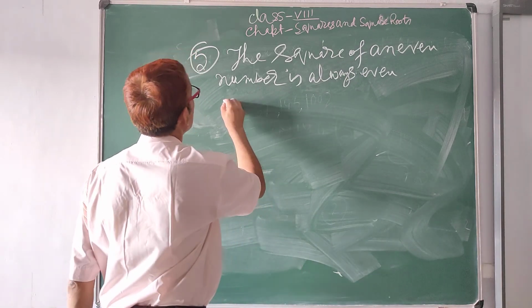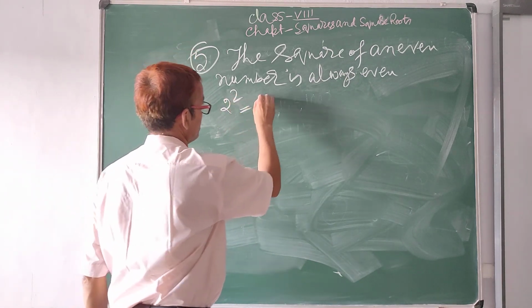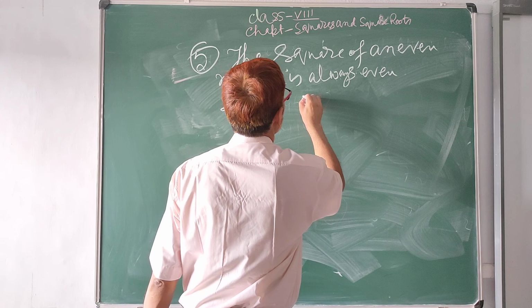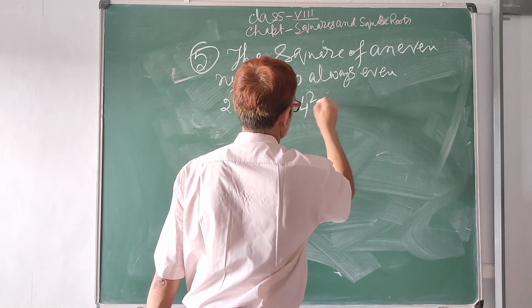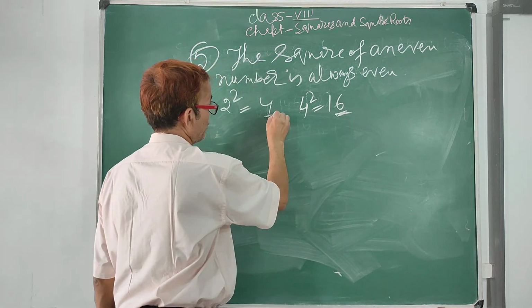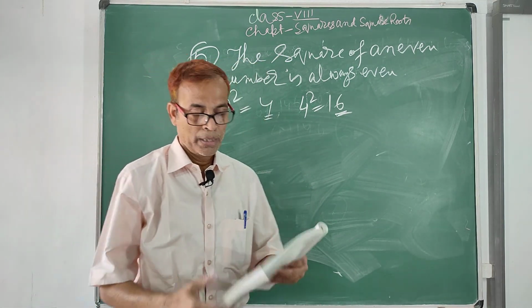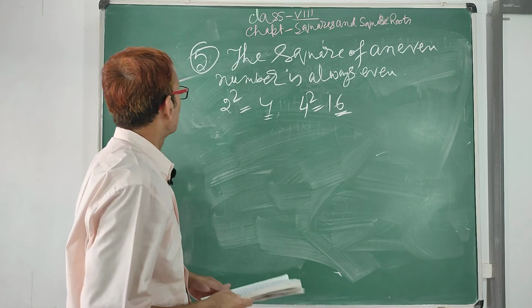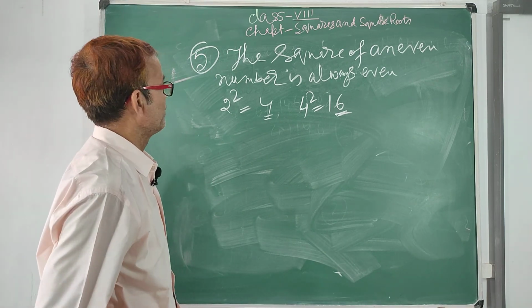For example, 2 square is equal to 4, 4 square is equal to 16. So 2 and 4 are even numbers. So property number 5, the square of an even number is always an even number.